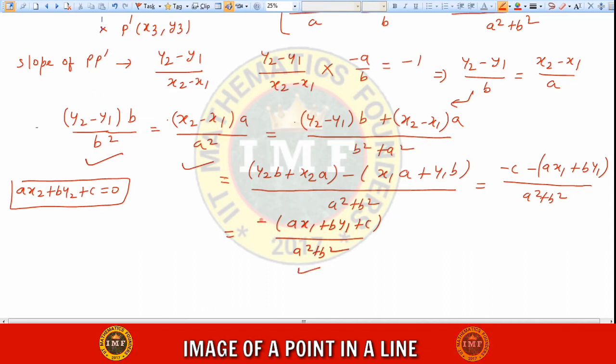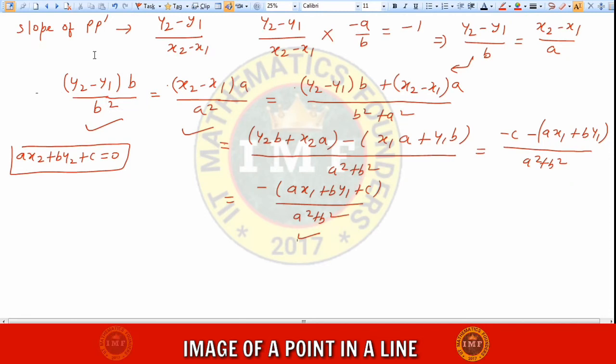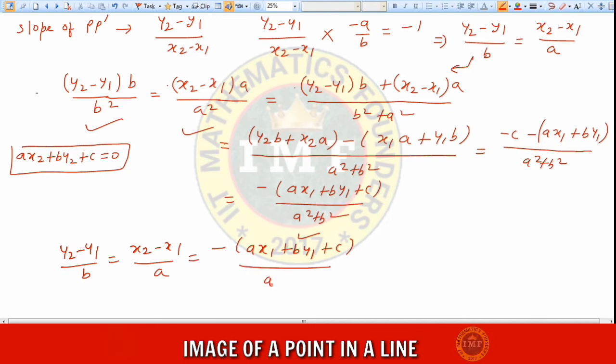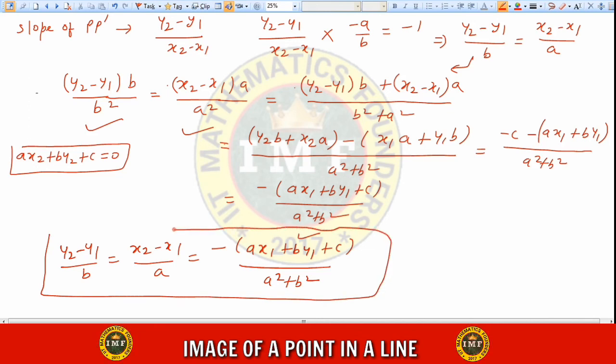So now these three I am writing together, and I am cancelling this b in the numerator and denominator, and cancelling a in the numerator and denominator. So finally I will be left with (y2 − y1)/b is equal to (x2 − x1)/a, and this is equal to −(ax1 + by1 + c)/(a² + b²). So this is the first formula which I had to prove.